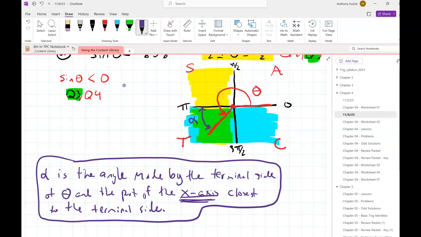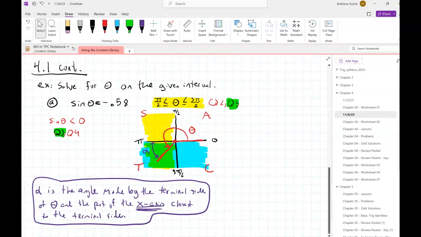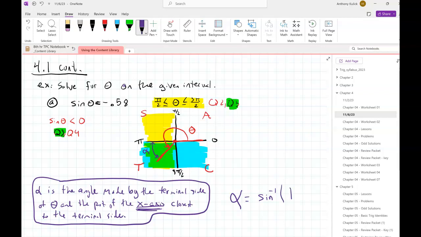So the way that we're going to calculate alpha is going to equal, in this case, sine inverse, because the problem is a sine theta equals problem, of the absolute value of 0.58, or negative 0.58.